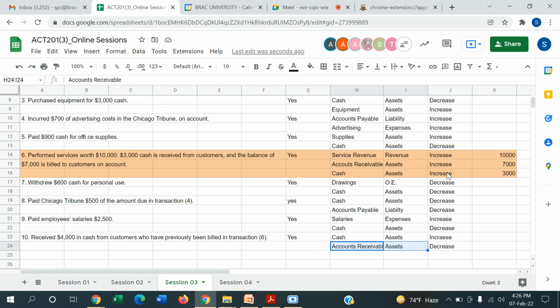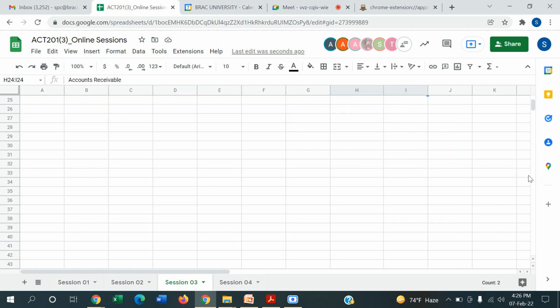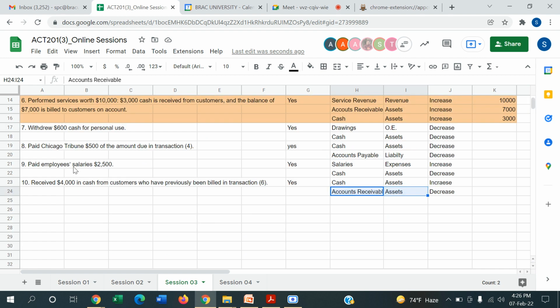Is there any change with the receivable amount? 3,000 will remain after reducing 4,000. That's why we mentioned that accounts receivable is reducing by 4,000. Have you got it?